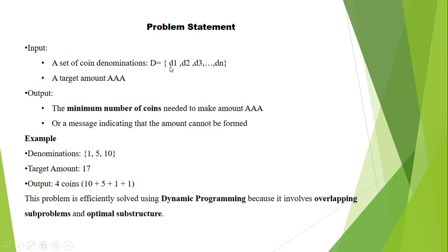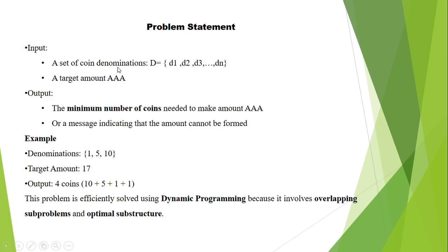Here D1, D2 and D3 are our denominations. First, let's talk about what a denomination is. A denomination here is the value of a coin that is available to use. It means it is a value which we can use in our problem. D1, D2, D3 are denominations.